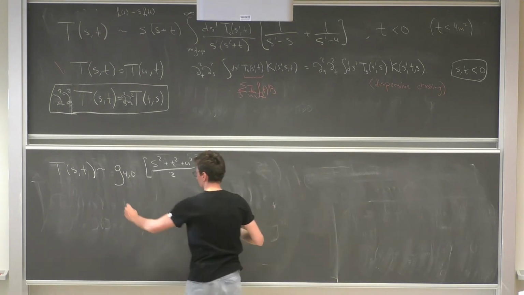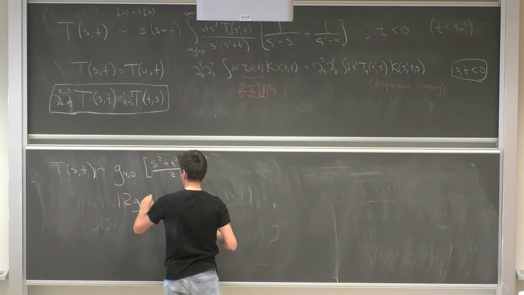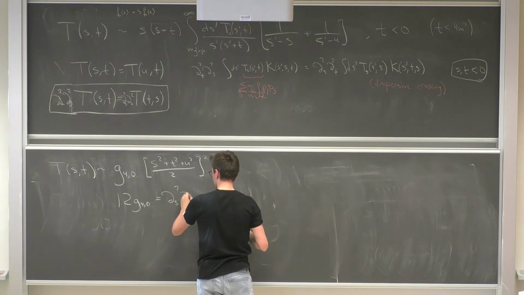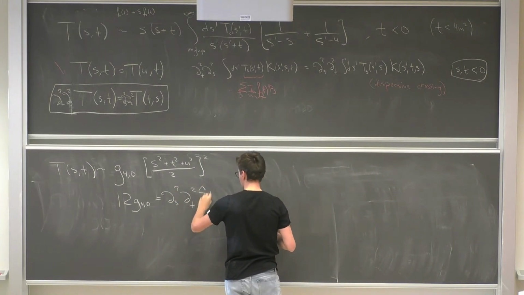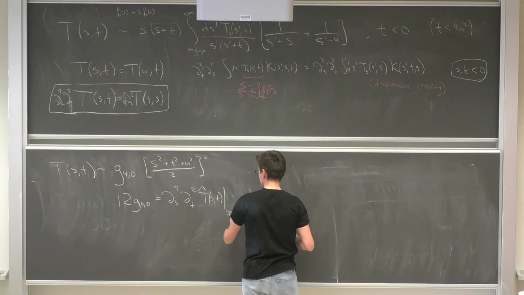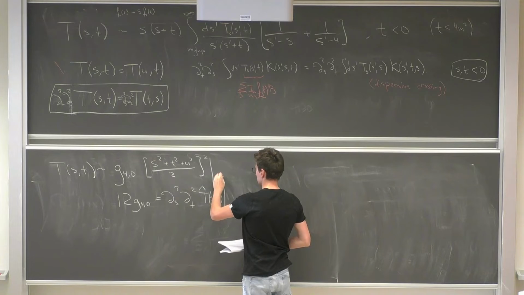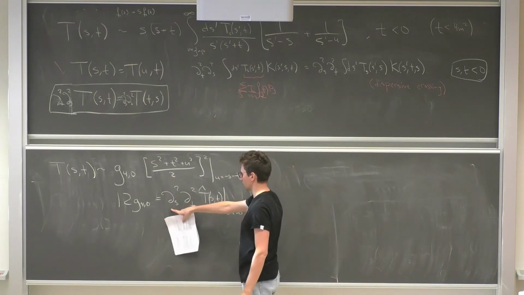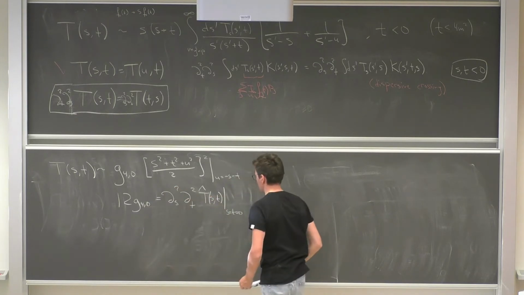Just using this, we can write it like this: ∂s², ∂t², of the amplitude at s equals t equals 0. So you should just check: plug in u equal to minus s minus t, differentiate twice with respect to s, set s and t to 0, and you will just get g4,0.